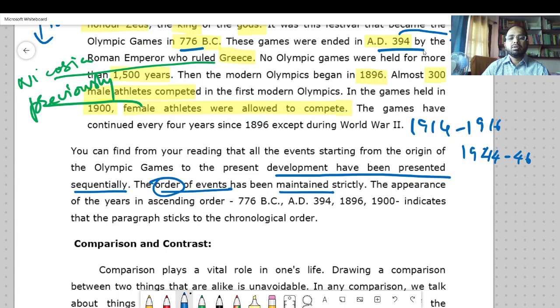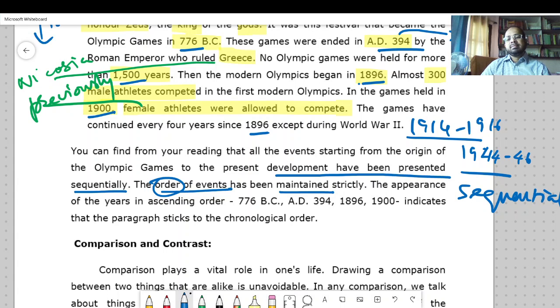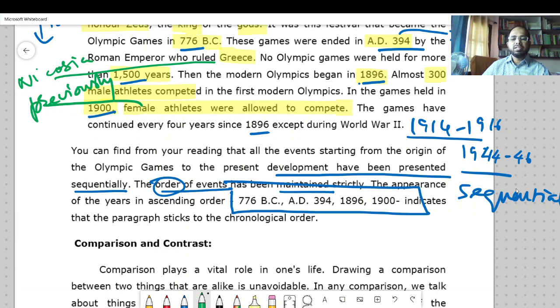They mention 394 AD, then 1500 years, and then 1896, and then 1900. That is what is being given here: 776, 394, 1896. So that is the first thing, the sequence in the paragraph.